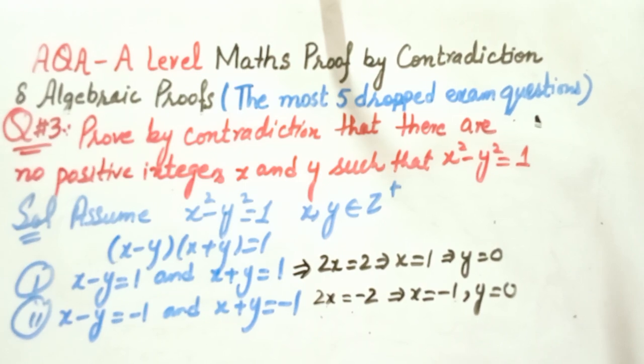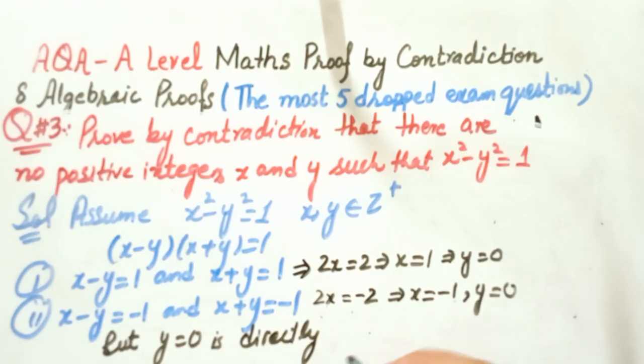But we said that x and y both are positive, and y equals 0 directly violates the initial assumption. So this is the solution: no positive integers x and y such that x square minus y square equals 1.